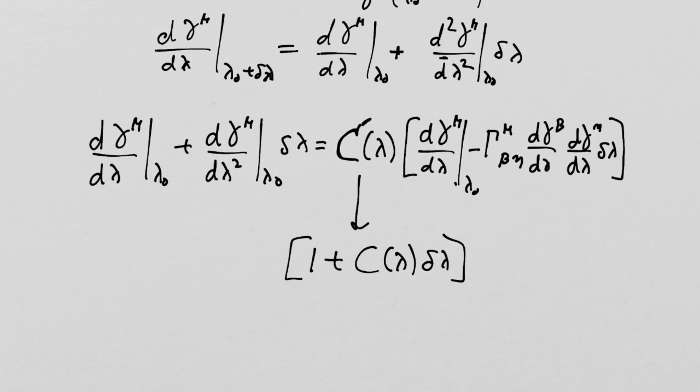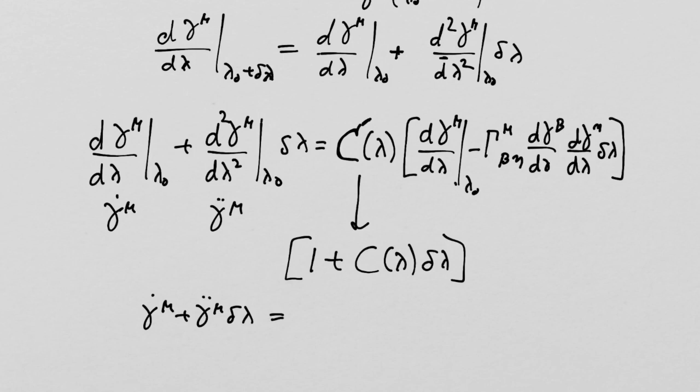And just to make our algebra a little faster, I'm going to call this gamma dot mu. This should be a square here, right? And then this will be gamma double dot mu, and then I can write gamma dot mu plus gamma double dot mu delta lambda, where all these derivatives are evaluated at lambda 0.